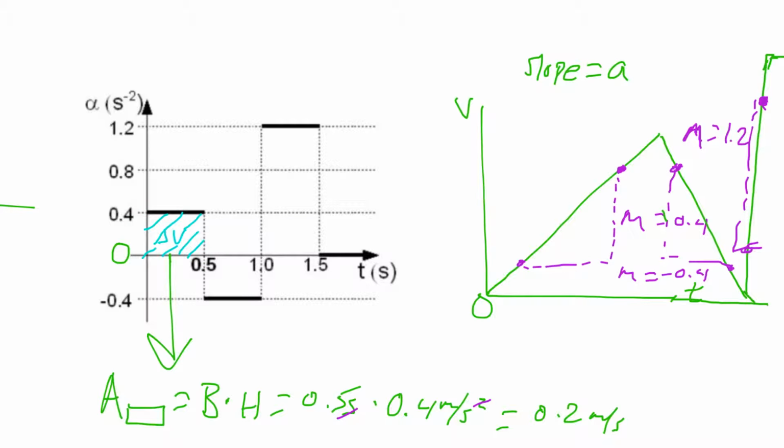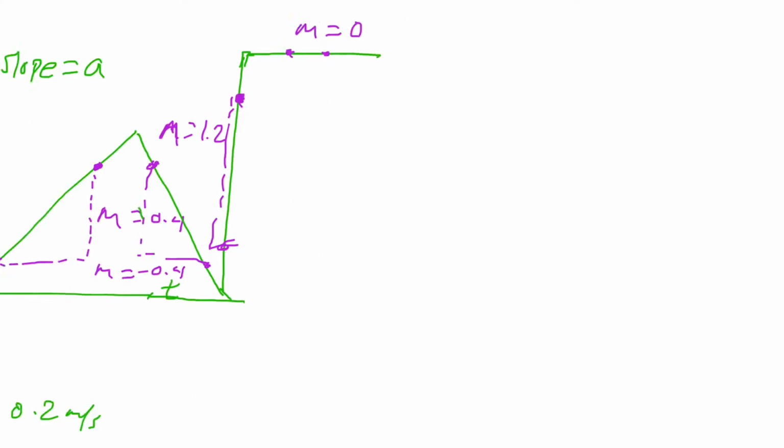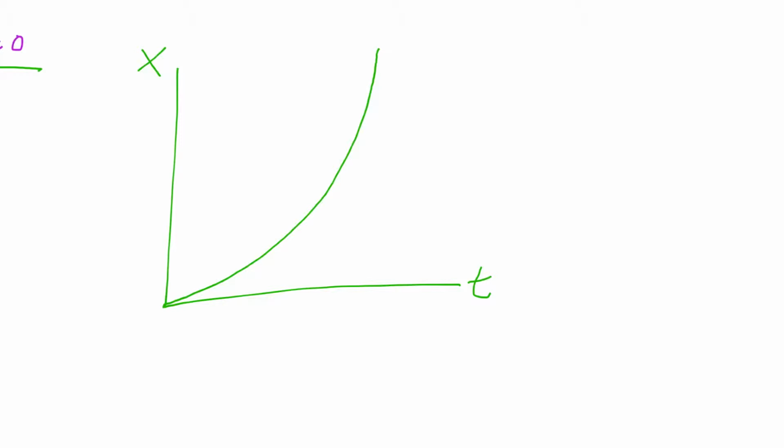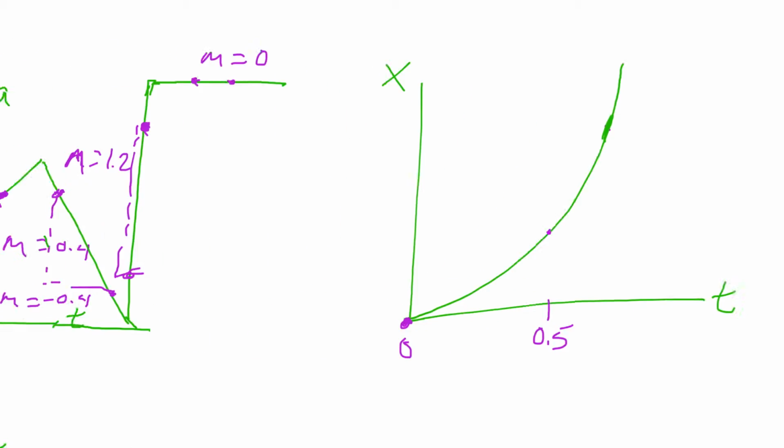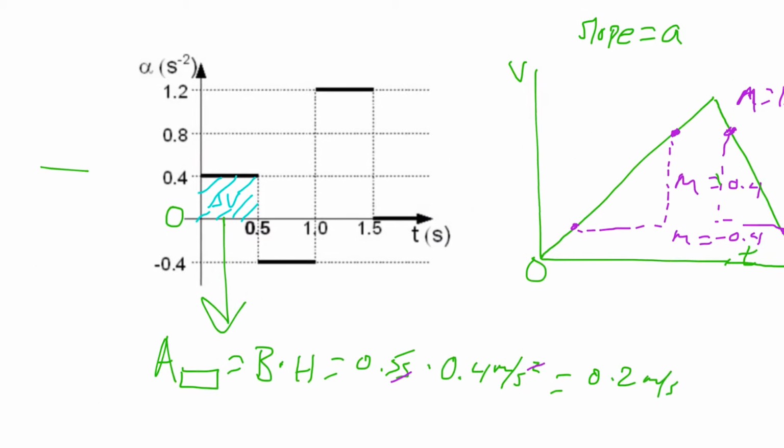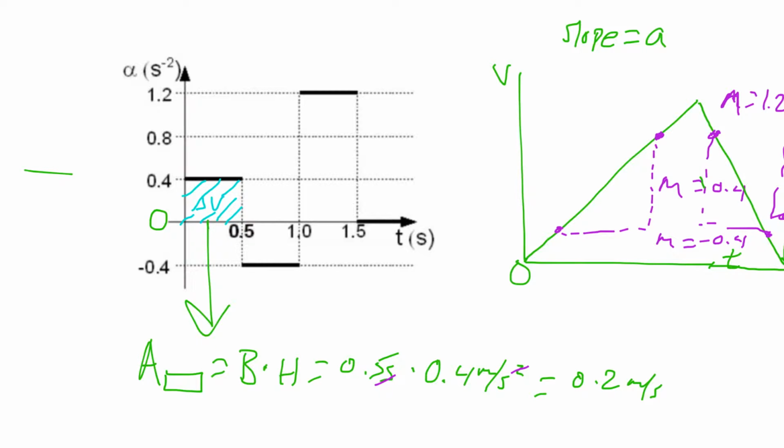Alright, so if we look at a position versus time graph, then it's going to have to be an upward facing curve. And the slope of this, let's do from 0 to 0.5, because that's what it shows back over here for the acceleration graph.